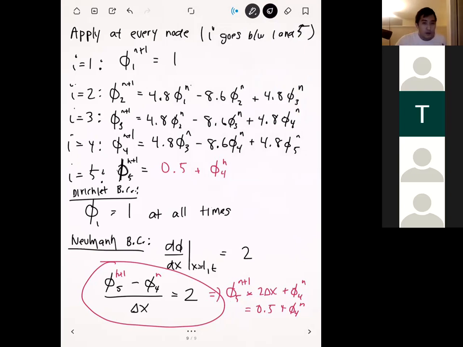But just to make the computations more convenient, just like we've done for the steady state cases, let's take the set of equations and put it into a matrix form, because we know that MATLAB and Python and all those other programming languages work great with matrices. If we can formulate our problem with matrices, that's going to be easy to program.